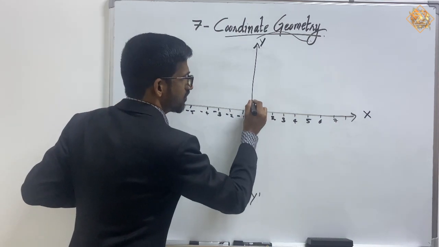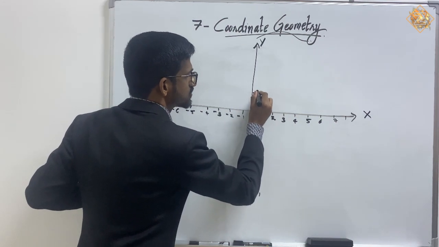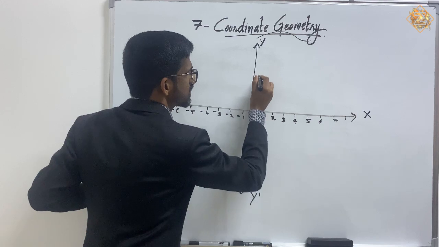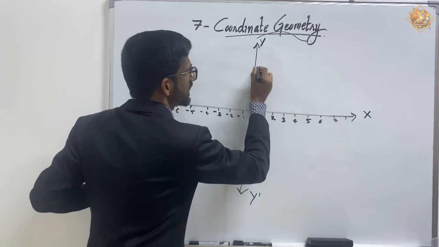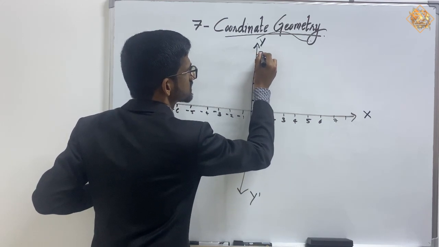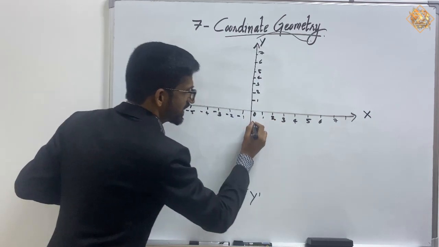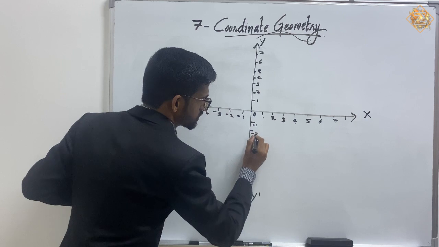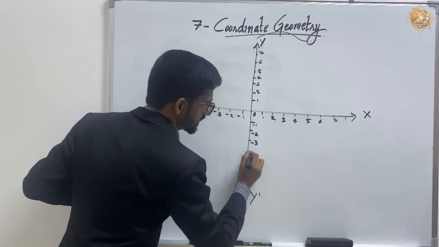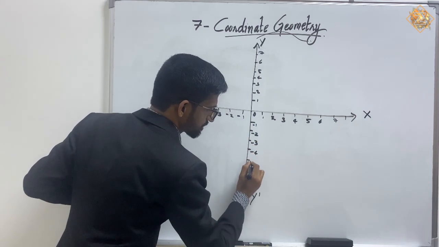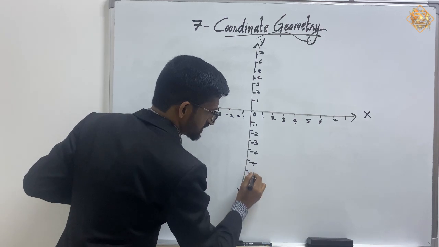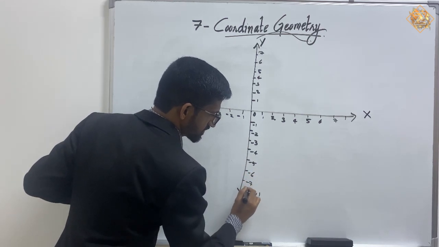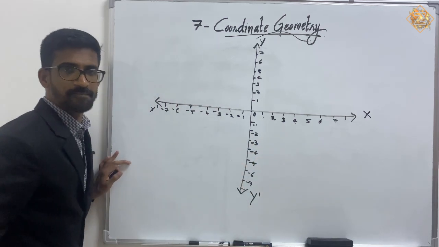On positive y we mark 1, 2, 3, 4, 5, 6, 7 and so on. On the negative y-axis, we'll mark -1, -2, -3, -4, -5, -6, -7, -8 and so on.